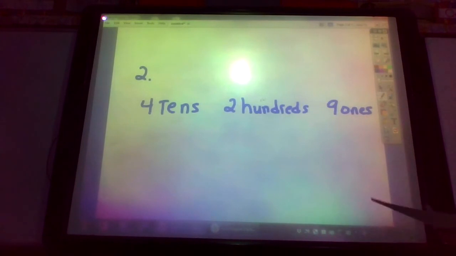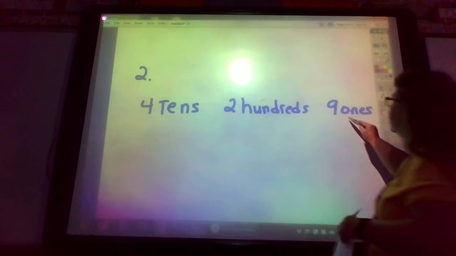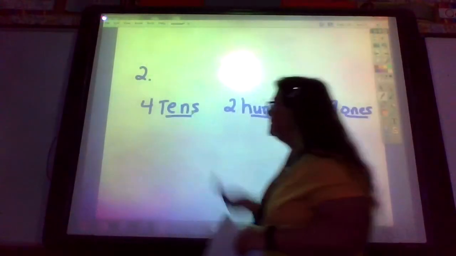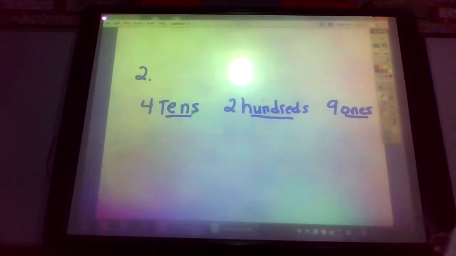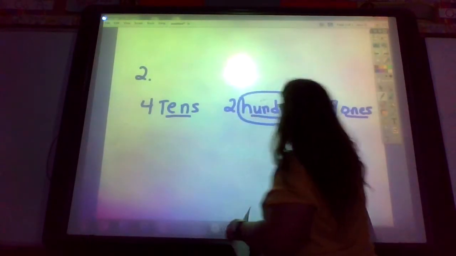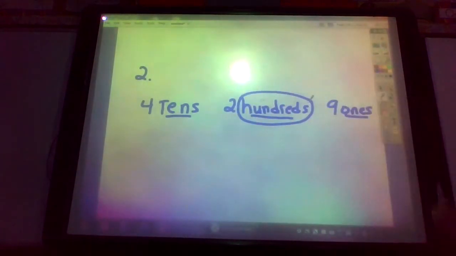Which number here has the largest unit? Units are these: ones, hundreds, tens. So which unit is the biggest? The biggest unit is hundreds.